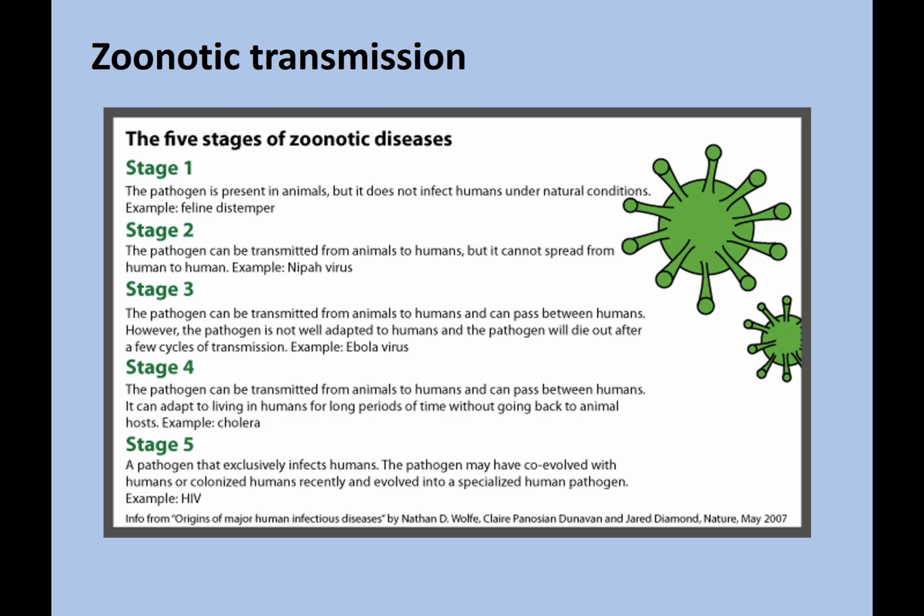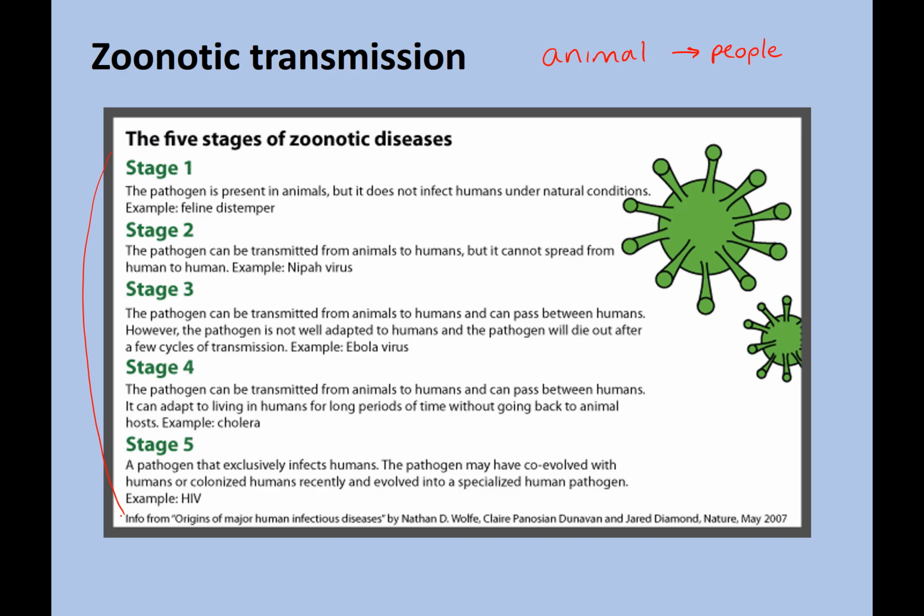Okay, zoonotic transmission. This is the final type of transmission I want to talk about. This means it's going from animal to people, and more directly than through a vector, like a biting insect.